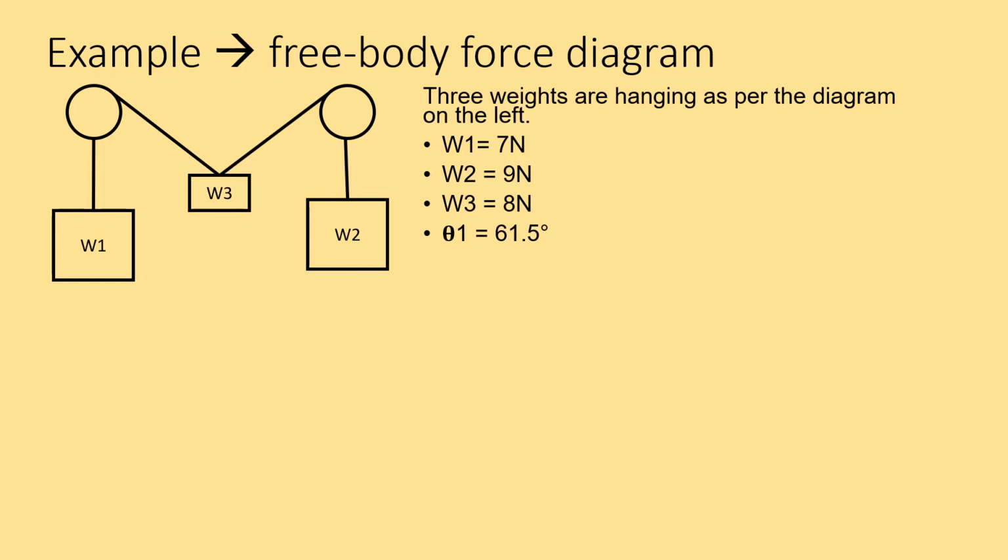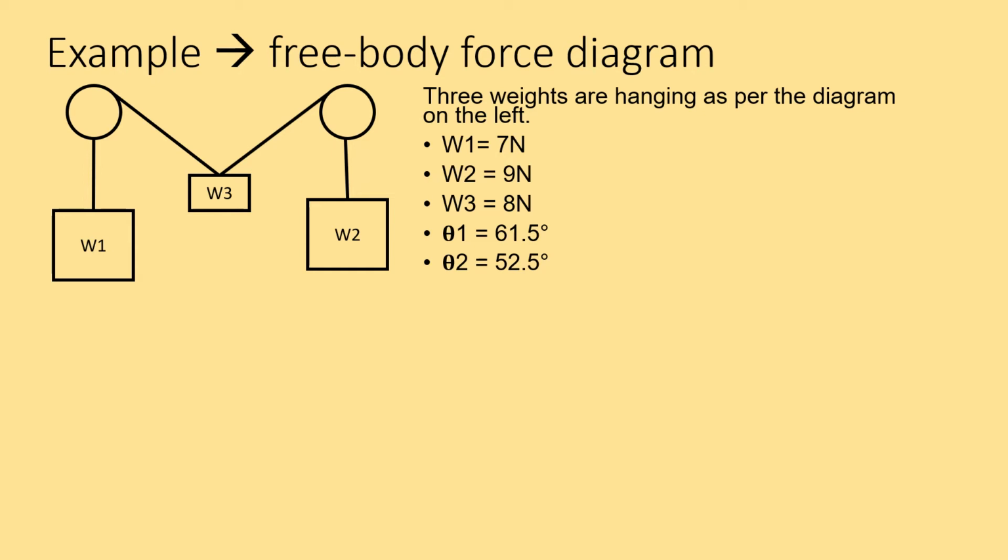The angle θ1 is 61.5 degrees, and that is the angle between weight 3 and the pulley that weight 1 is attached to. And angle 2, θ2, is given as 52.5 degrees. That's the angle between weight 3 and the pulley holding weight 2.